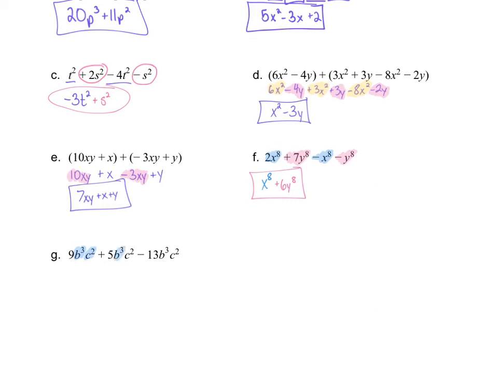Well, luckily, I have a b cubed and a c squared, and another b cubed and a c squared. So these all have b cubed and c squared, so they can all be combined. So 9 plus 5 is 14, and 14 minus 13 is 1 b cubed c squared.